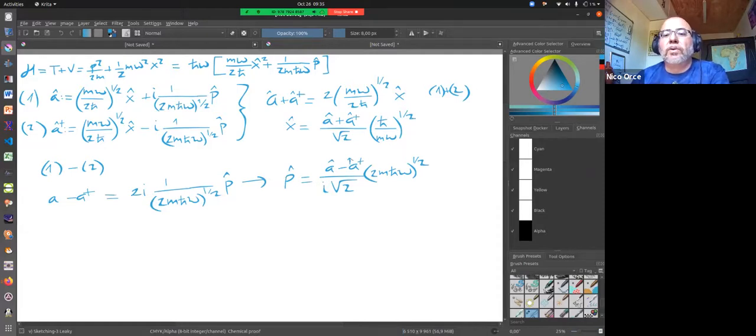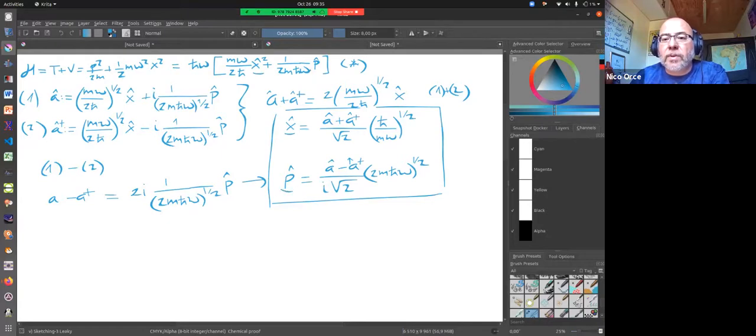We're going to get things much easier from having this substitution, and we're going to see it right now. So we go back to our Hamiltonian, and we substitute X squared, which is here, and P squared, which is here.